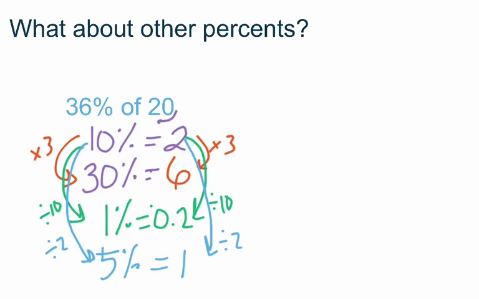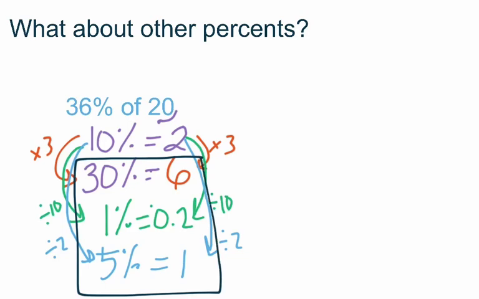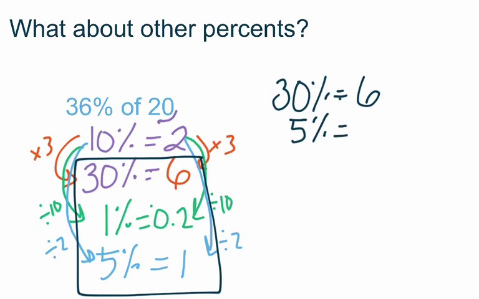All right, now I got to make this a little bit organized. Got a little confused. Here's what I want to use right here. If 30% equals 6, and I'll put it in order, 5% equals 1, and 1% equals 2/10.